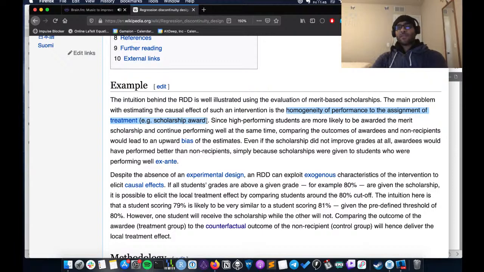The outcome is also based on whether or not you're already talented and meritorious. So what are we going to do about that? So yeah, we get an upward bias.